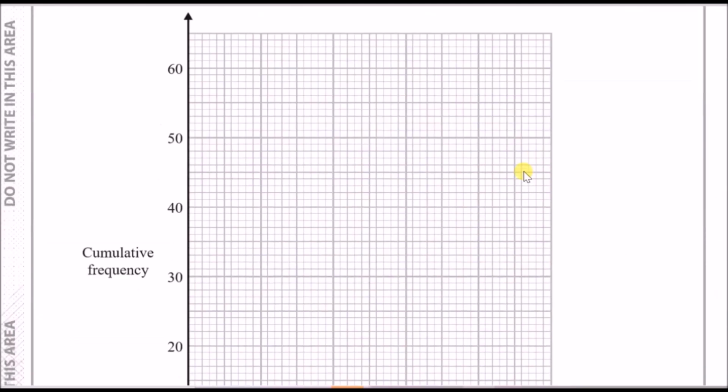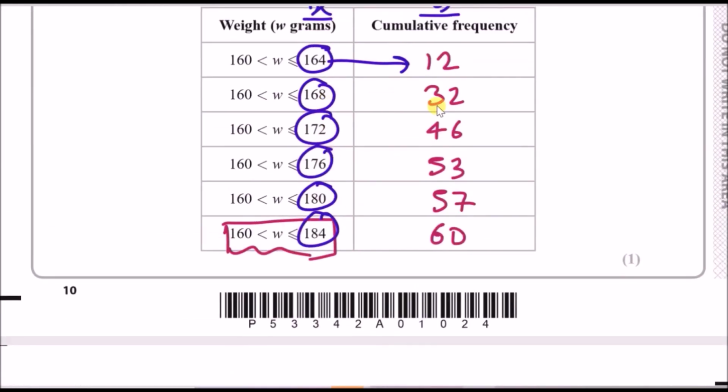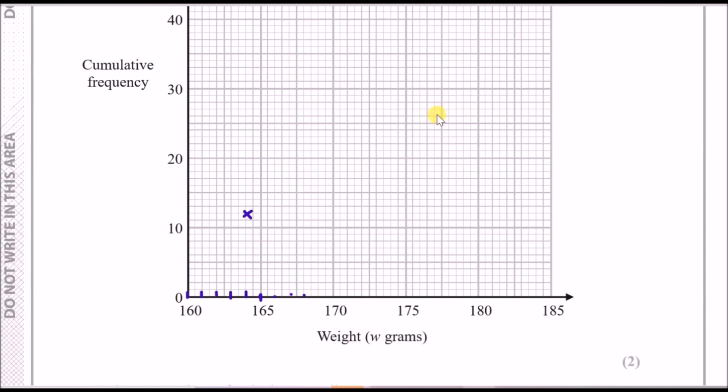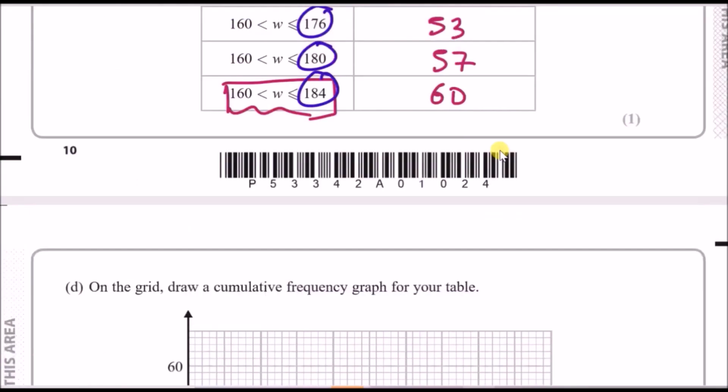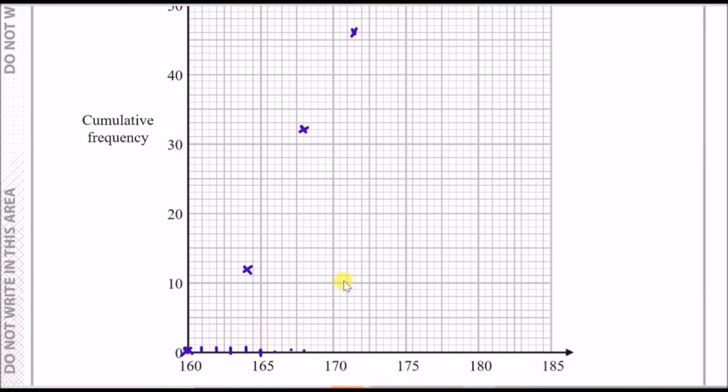So 168 and 32, 168, 6, 7, 8. So 168 is here, guys. And that goes up to what again? 32. So 168 stretches up to 32. Anyway, I'm going to quickly do this here. So we're going to repeat this for the rest. And now to make this complete, always draw a nice curve here.